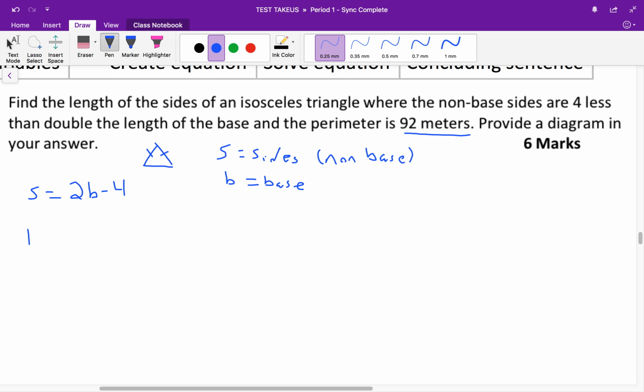So if we remember back the perimeter of a triangle for this one, if we label this side, side, base, is going to equal S plus S plus B. So we know the perimeter for this one, since we know that S here is equal to this, is going to be 2B.